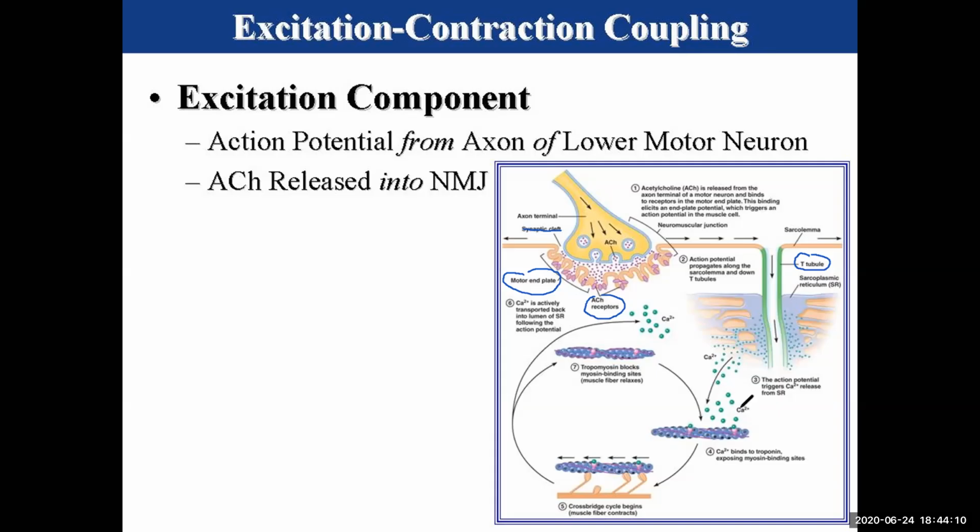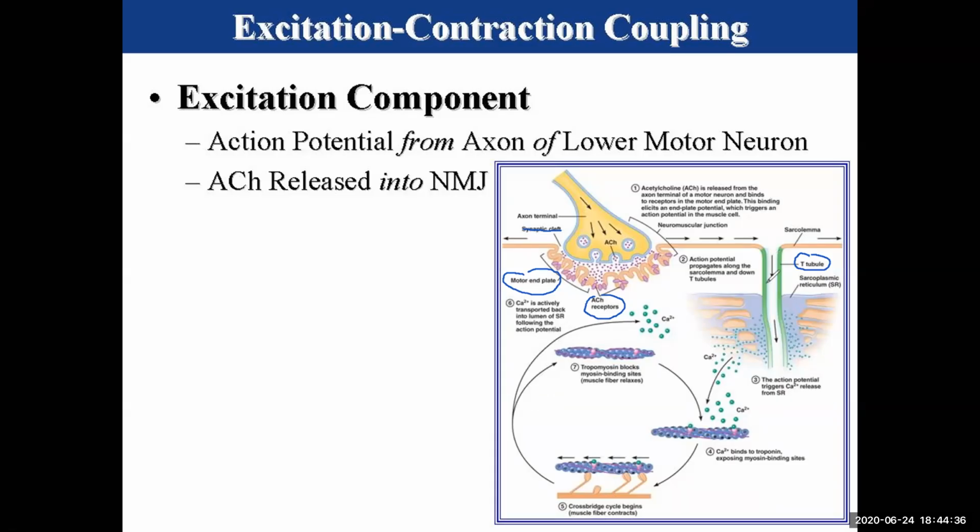When calcium arrives, it interacts with troponin, inducing a shift of the tropomyosin, exposing the myosin binding site on the actin, allowing myosin to come in to induce cross-bridge formation, power stroke, pulling the thin filament toward the M line, and the process restarts.